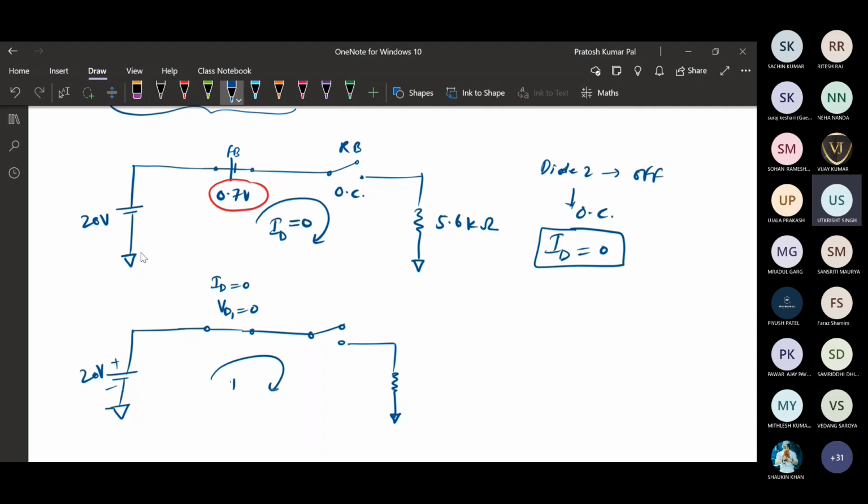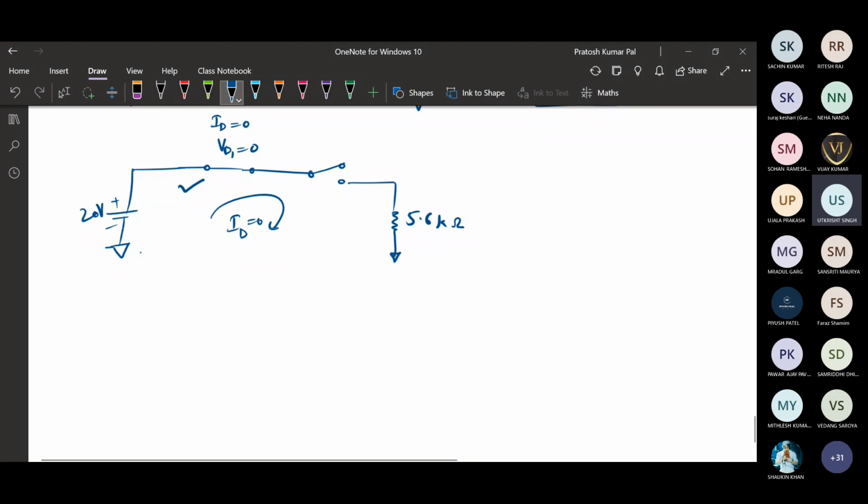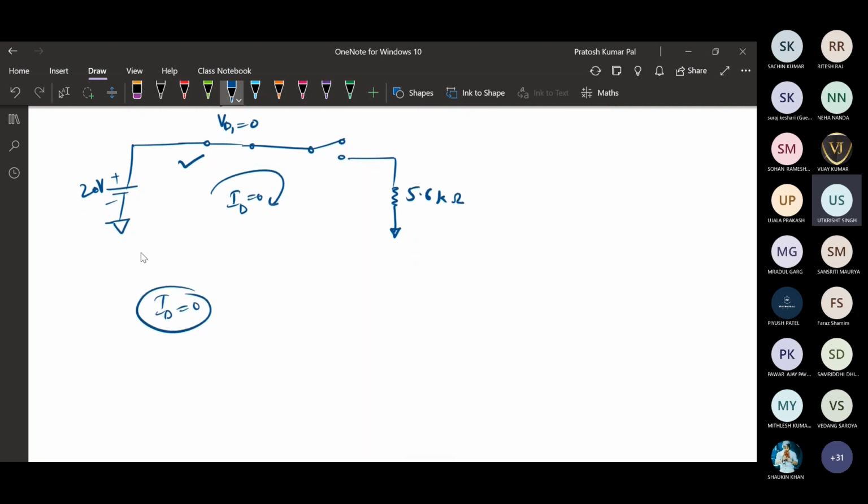So here the current will be equal to 0. So the earlier one will not be the correct one; this will be the correct representation of the circuit. Here this is 5.6 kilo. Once this is the correct expression, from there we can find that ID is 0. Once ID is 0, we can find the voltage across this, VD2, by using KVL.